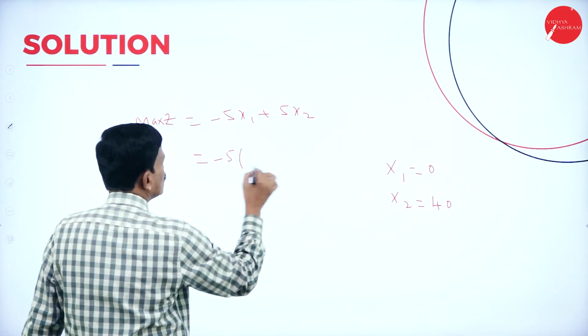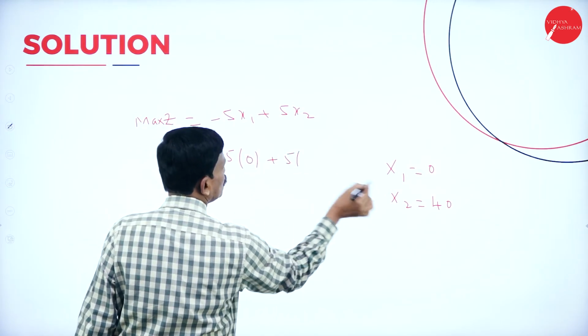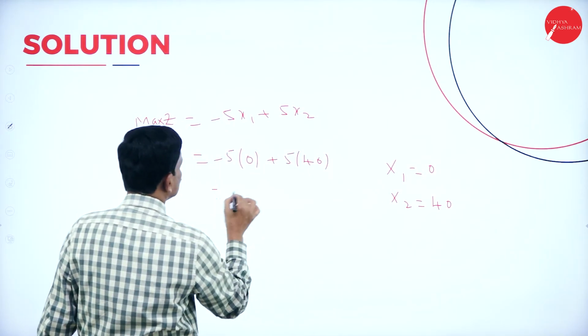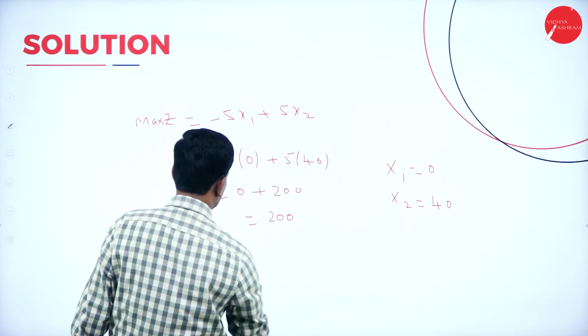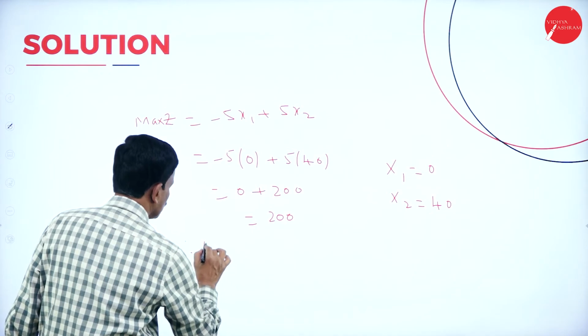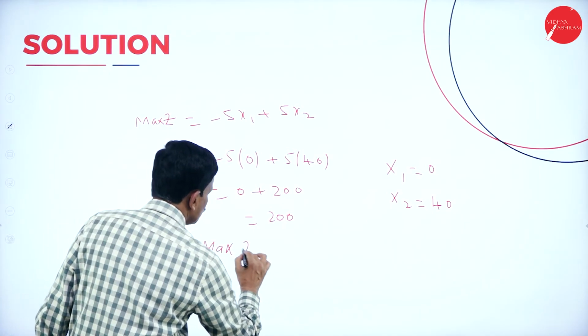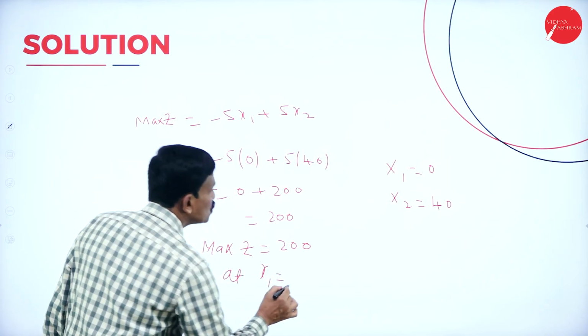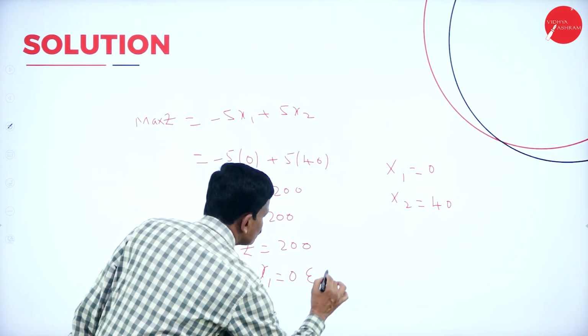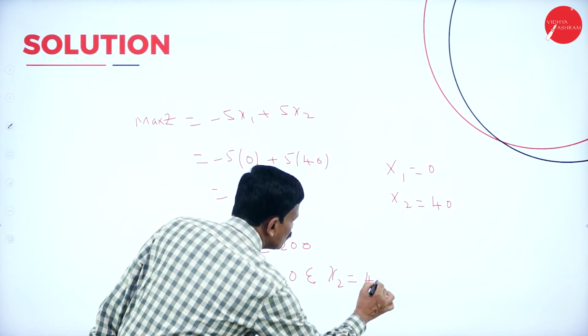Substitute here: x1 is 0 plus 5 into x2 is 40. This is 0 plus 200 is equal to 200. So therefore max z is equal to 200 at x1 is equal to 0 and x2 is equal to 40.